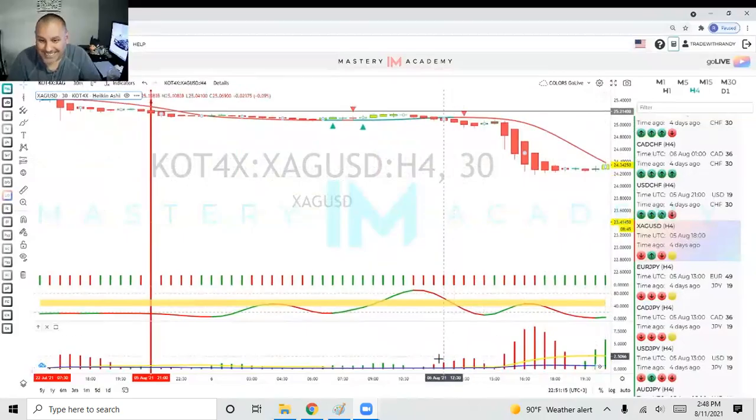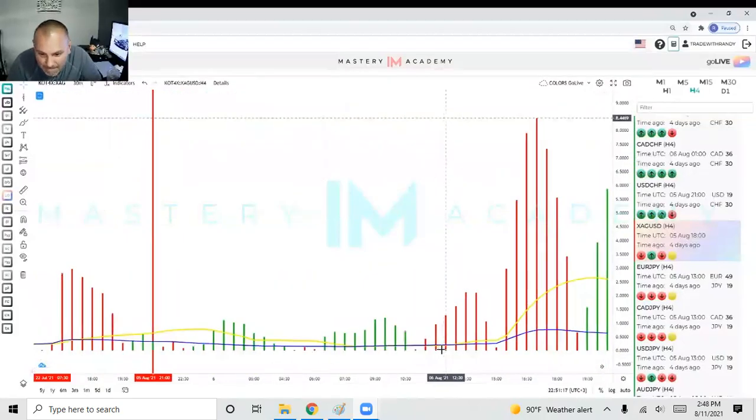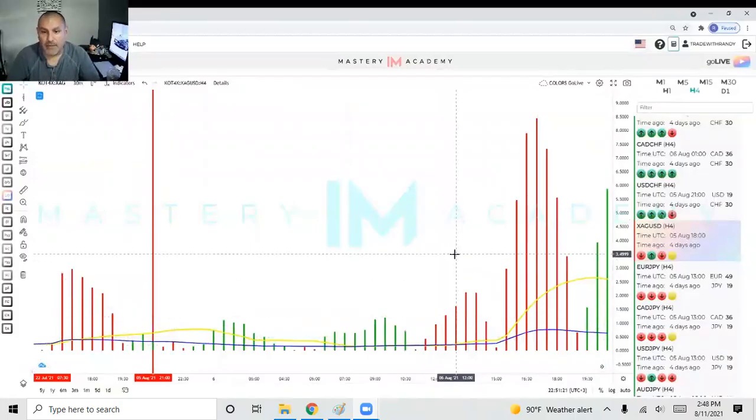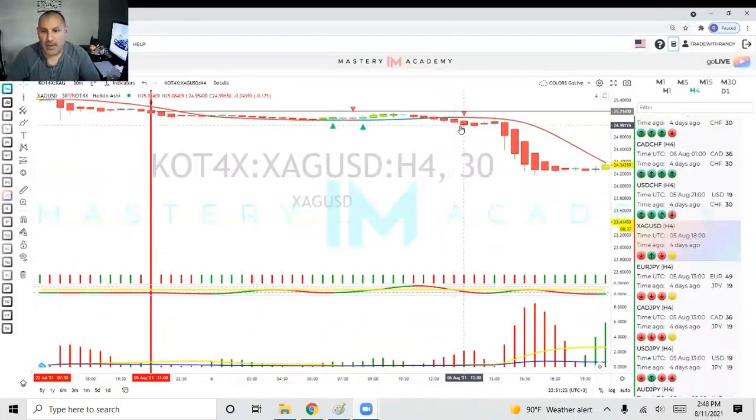Yes. Okay, right there. So yes, that was it. When it came out of that, that was a potential entry. You can double click in the white space to zoom in and look at it if you need to. But that would have been my entry here.